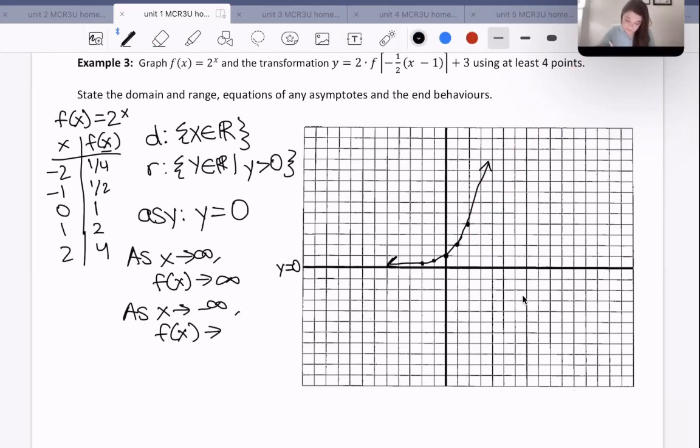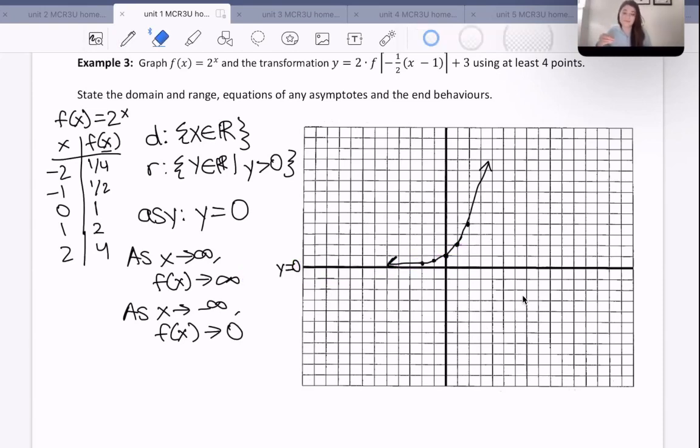Now, what about this one here? As x approaches negative infinity, as we get closer and closer along this line, what does f of x or y approach? Well, we already answered that with our asymptote. We said it approaches 0. It's getting closer and closer to 0.